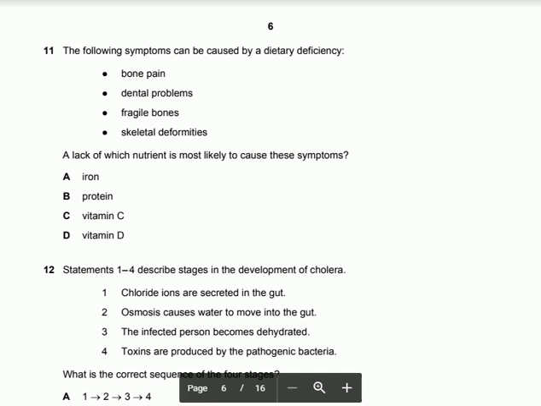That's what happens with the lack of iron. Vitamin C causes scurvy. Like if you don't eat fruit jam every day, just kidding. You should eat fruit jam; it's kind of healthy. Fruit jam has a lot of vitamin C, which helps you from getting scurvy. Scurvy is bleeding in the gums. And vitamin D causes bone pains, dental problems, and stuff like that. Yeah, it's vitamin D. I'm 100% sure.